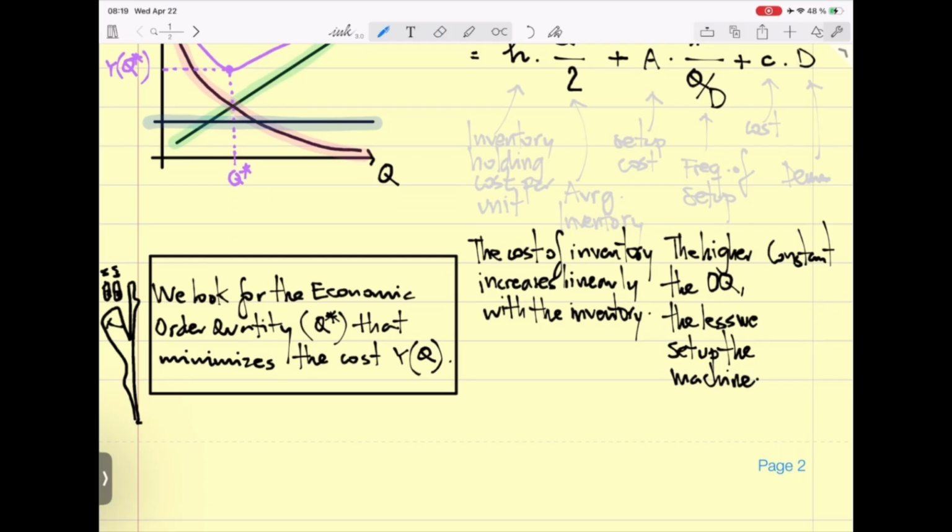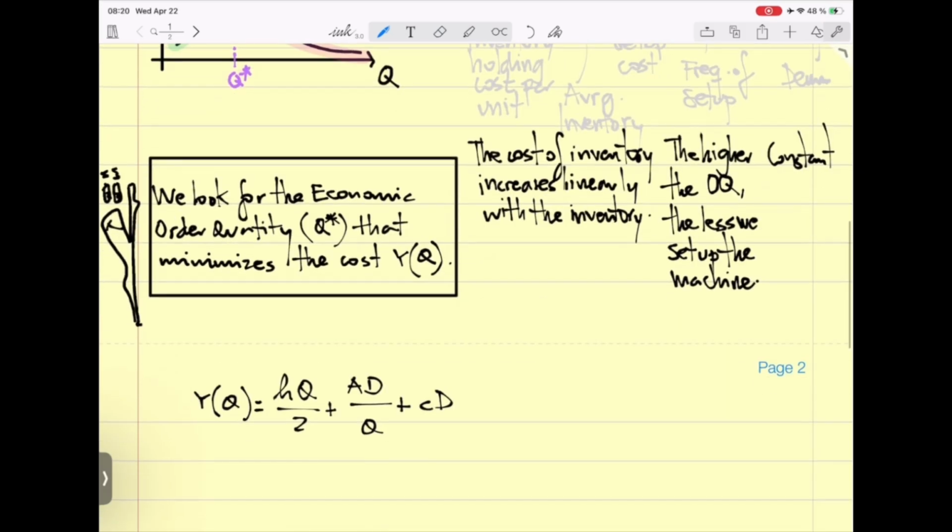So we have our function epsilon of q, h q divided by 2 plus a times d divided by q plus cd. The minimum of this function is where the first derivative of epsilon at q equals q star is equal to 0.